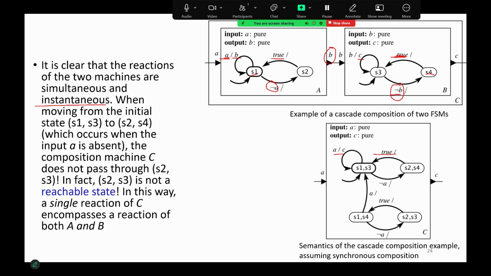And S2, S3 are not reachable. S1, S4 is not reachable. Is it clear? Okay, great.